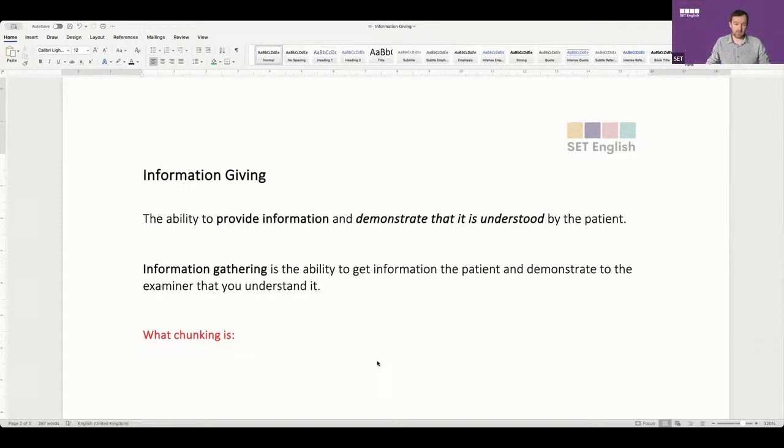It's about giving an explanation, checking that they understand it, and then moving on. Even if you think that you've just explained meningitis perfectly, just done an amazing job, you can't move on until you've demonstrated that it's understood by the patient. And there's a reason for that.